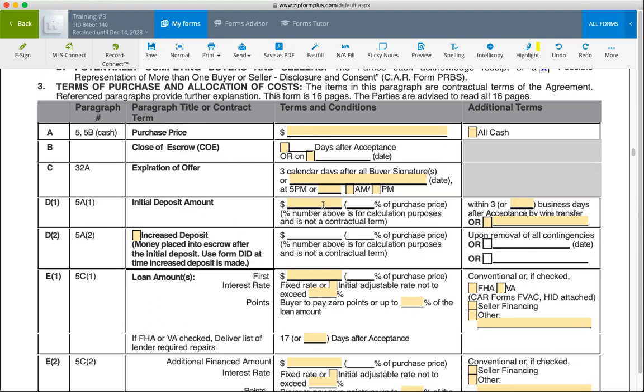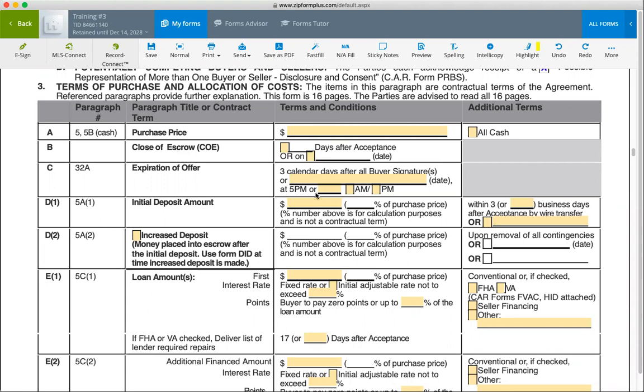But I mean, I've seen all kinds of things here. I once represented a buyer who was very wealthy. It was listed for $5 million. They wanted to offer $4.5 million. So they were trying to impress the seller and make the offer as clean as possible.